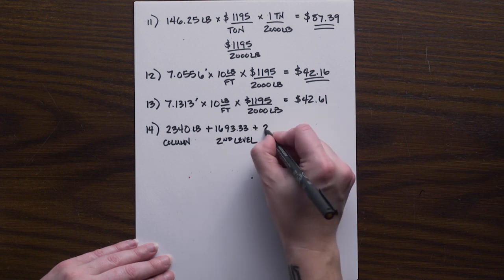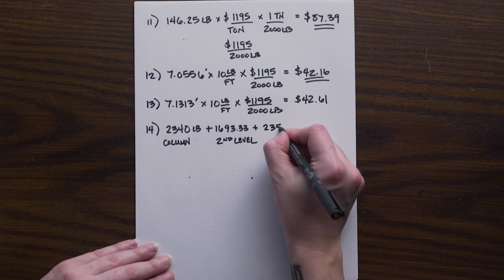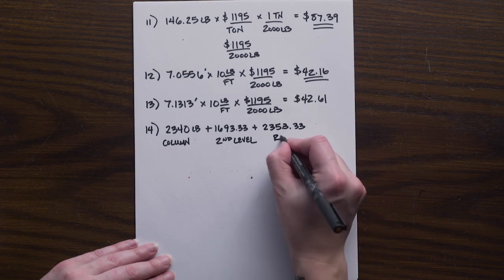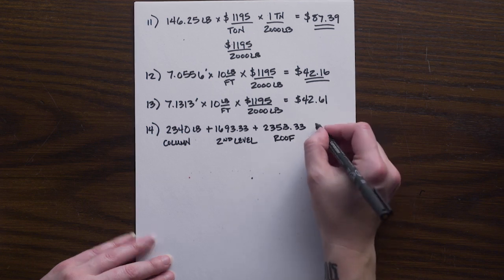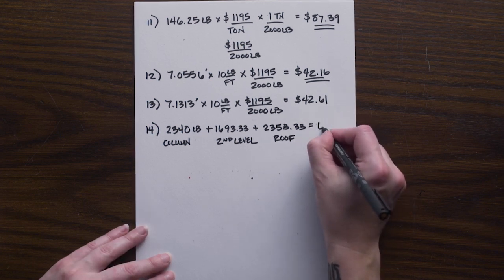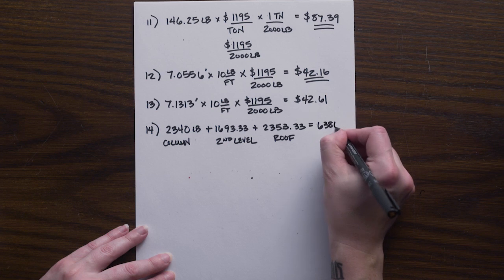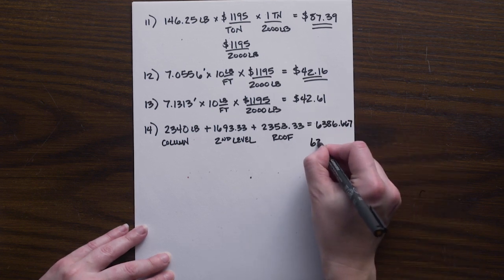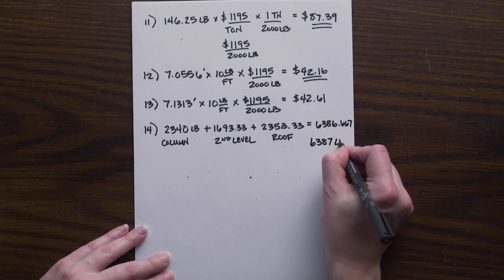And we had 2353.3 repeating for our roof, giving us a total of 6386.6 repeating, or a total of 6387 pounds.